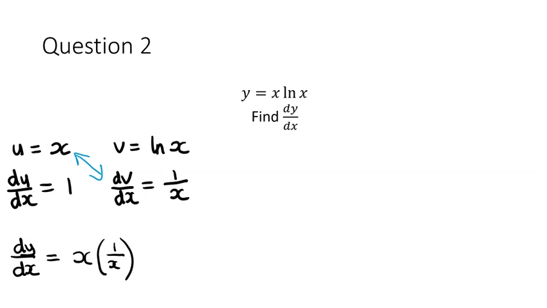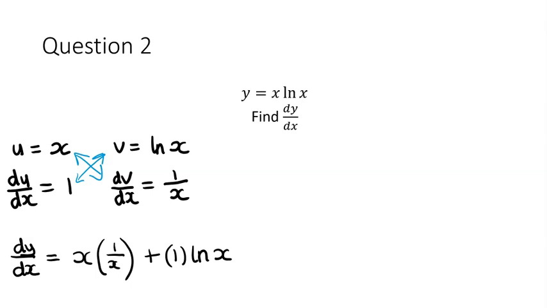And then I do v, my second function, times the derivative of the first one. So that's 1, du by dx, times v. Okay, and I add this on to the previous result. So I do 1 times natural log of x. Okay, don't really need to show the 1, but just showing you how it's all working there.